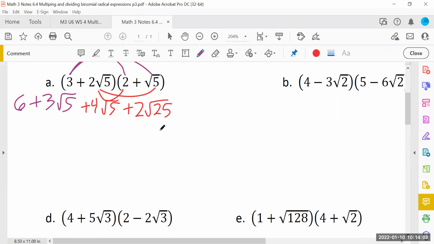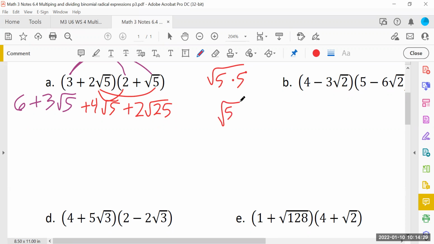Okay, so now let's clean it up. What's the square root of 25? 5. Now, you could have written this as 5 times 5, pair of 5s comes out. Is everybody clear? And it's written up on the board here. The square root of 25 is 5, not the square root of 5. I still have people that when they see that square root of 5 times 5, they say, okay, well, that's 5, but it's in a square root.